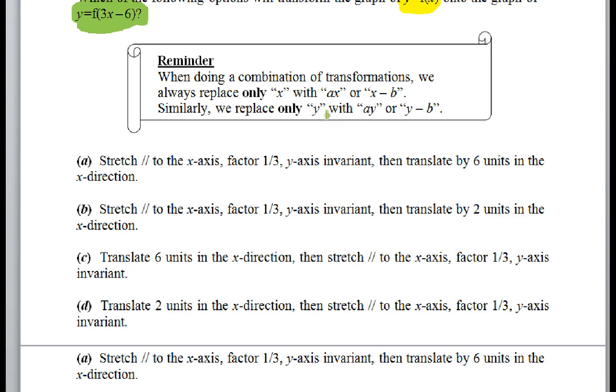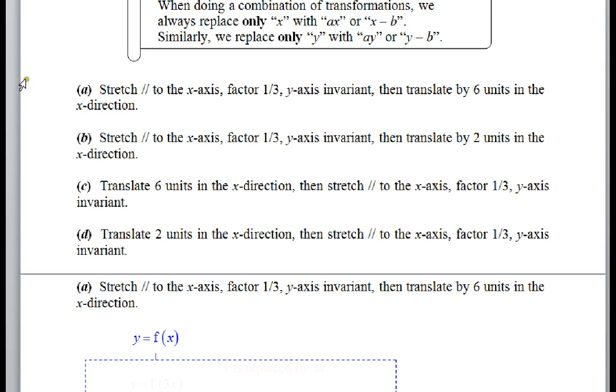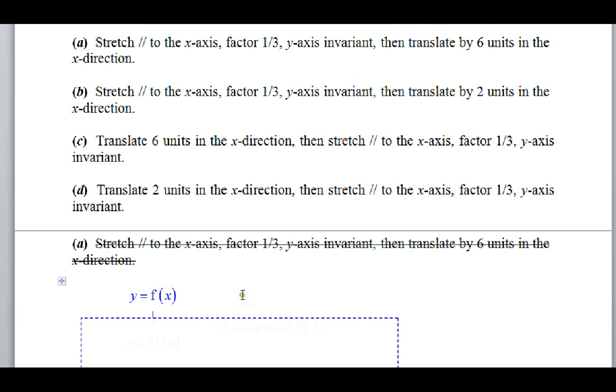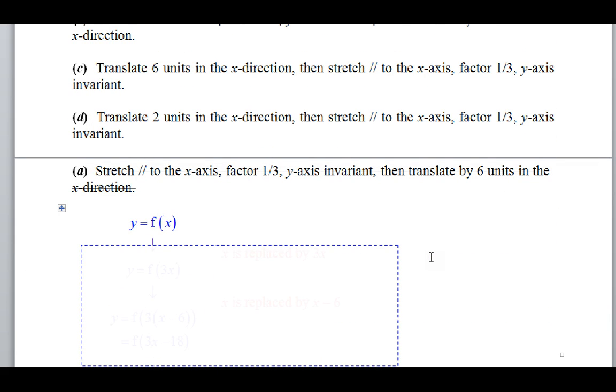Okay, this one is not in your notes, but never mind, let's delete this one. Anyway, this is A. Let's handle one at a time. A says that we stretch first. Before I go through, which one do you think is correct? A, B, C, or D? B. Any more?